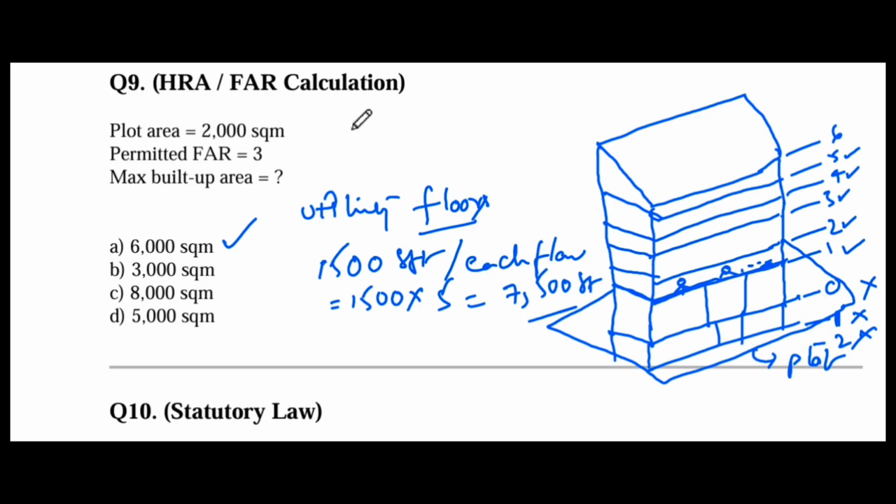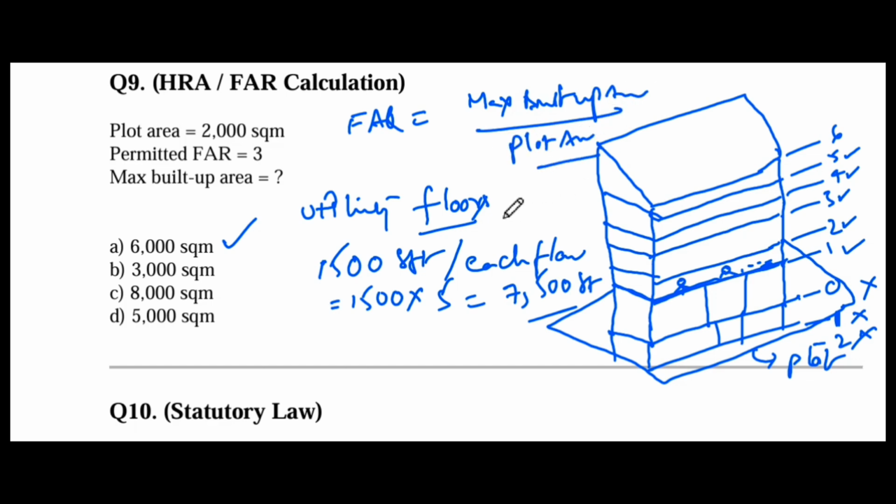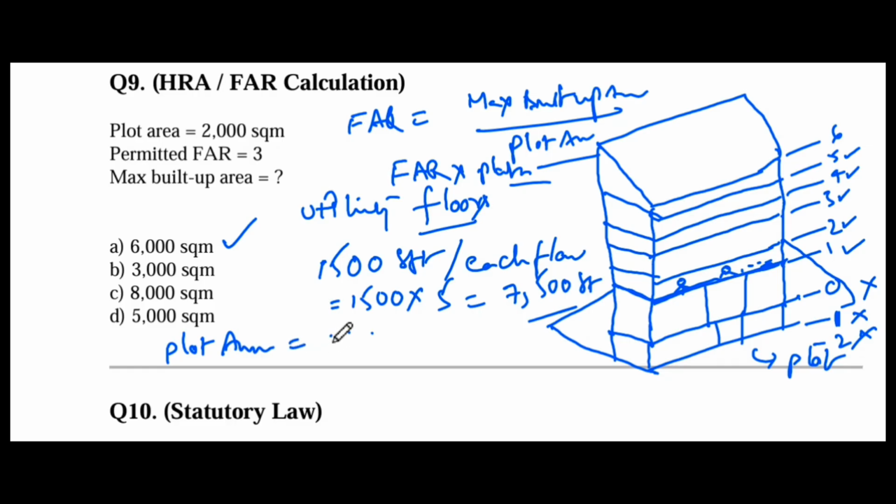That is where FAR comes into picture: the maximum build-up area allowed by plot area. So the maximum build-up area allowed will be FAR into plot area. For better understanding, imagine this plot. In this example we discussed, the plot area will be 400 square yards.